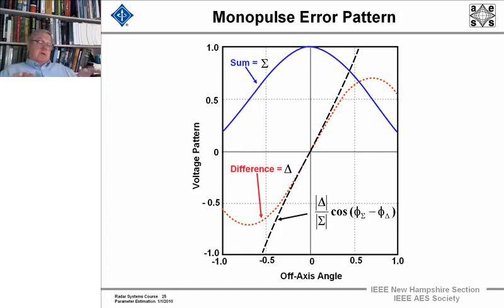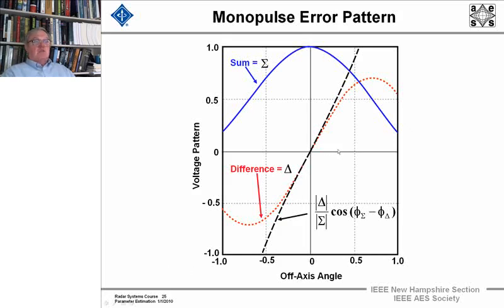This is all going to go on in azimuth separately and elevation separately, times the cosine of the phase angle of the sum minus the phase angle of the difference. That comes out with this black dashed line, which is very linear, you can see.